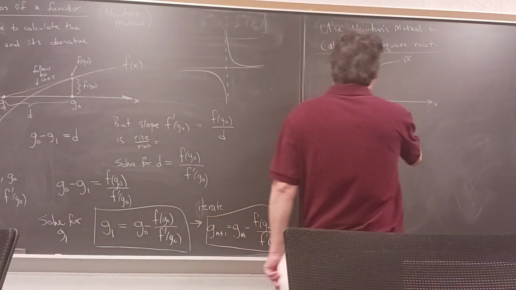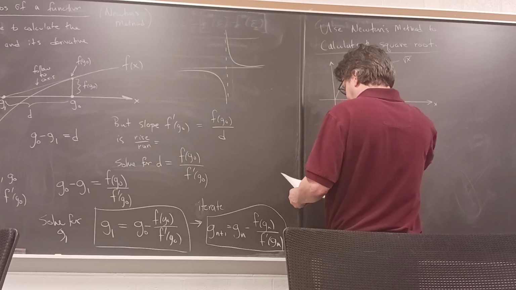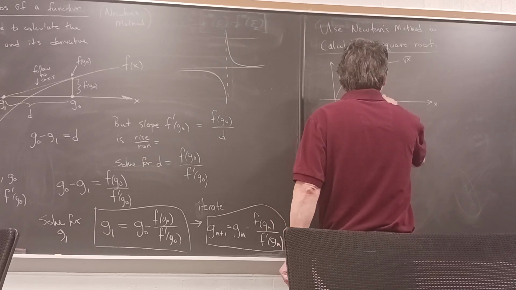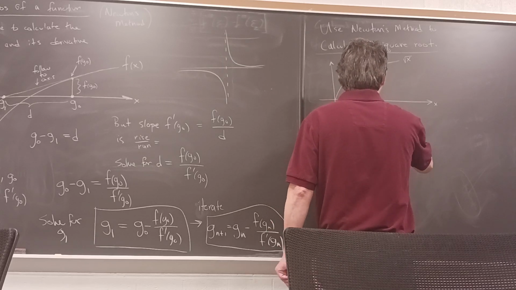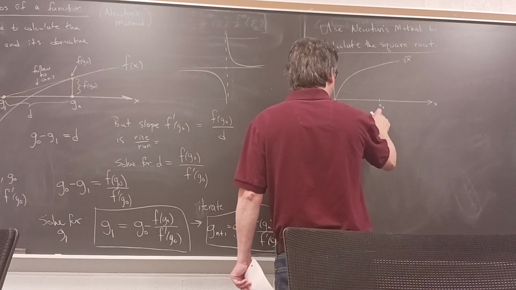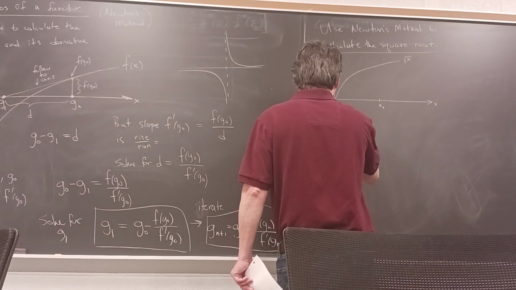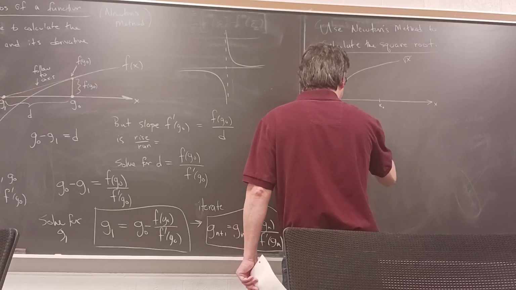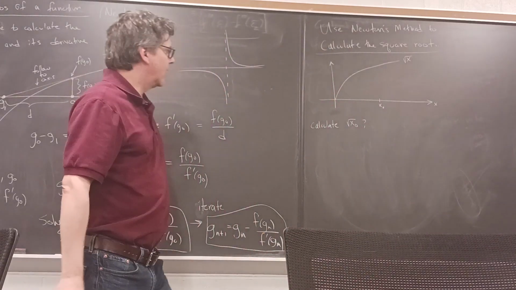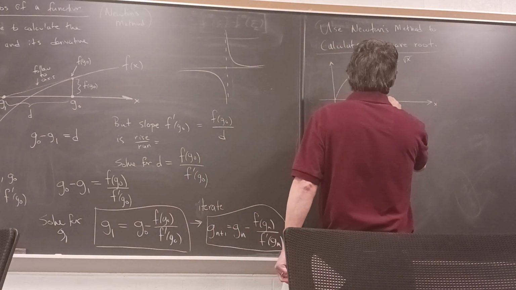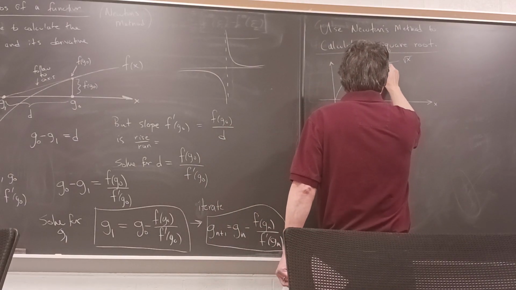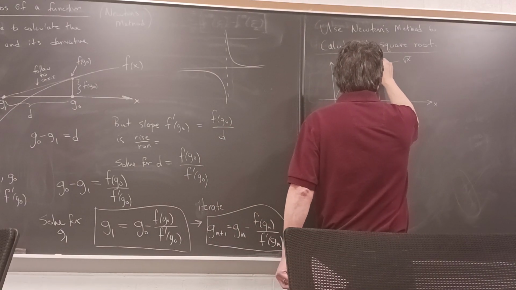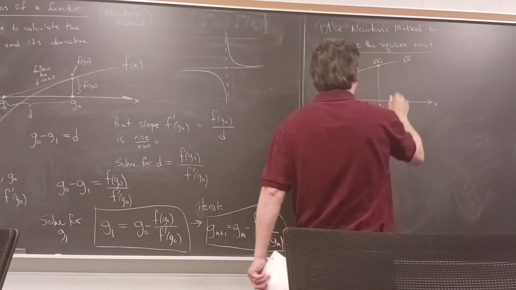If we want to calculate, let's say I'm going to use x0 here, the square root of x0, well, the square root of x0 is sitting up here. This is the square root of x0.